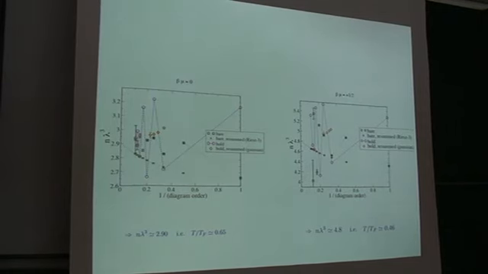Suppose the temperature is 1 million times larger than the Fermi energy. This virial coefficient remains the same, and it works even better, right? I don't think the Fermi energy matters at high temperatures.